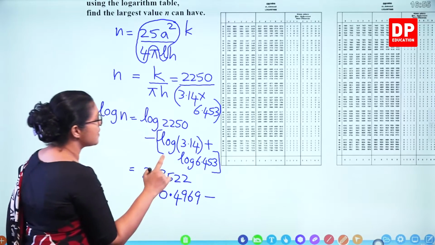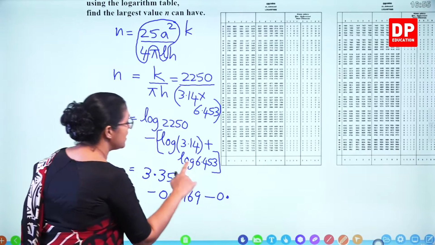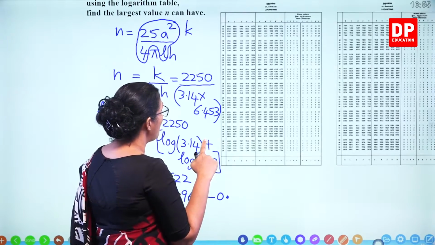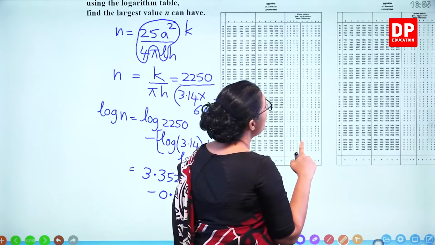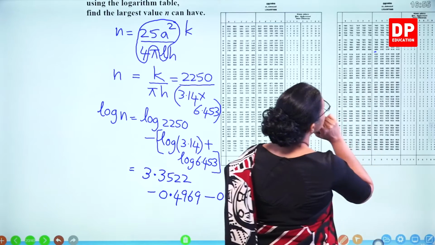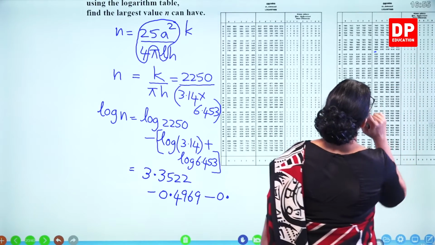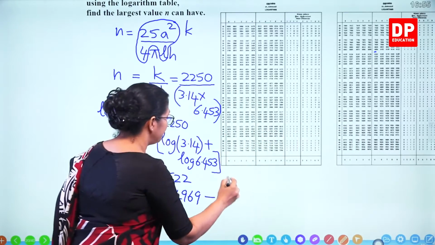And minus, this one 6 point something, means again 0.6453: 0.8098.